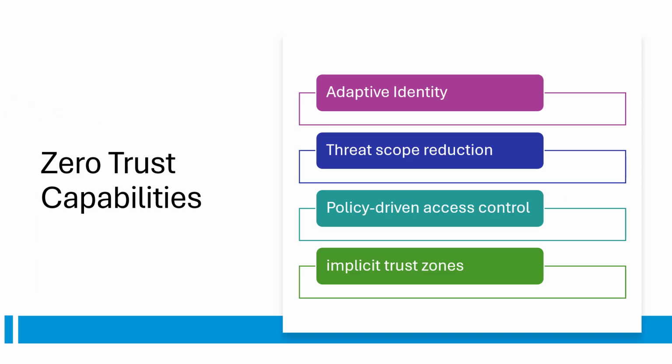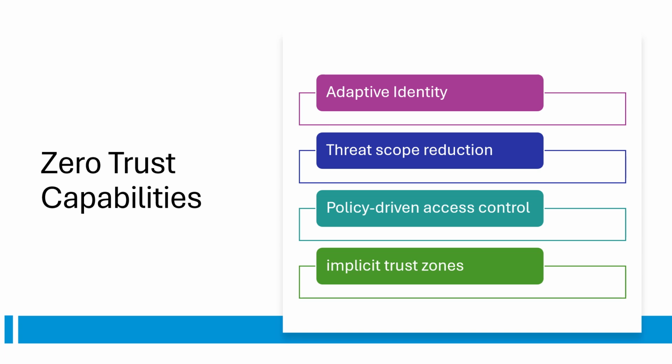Zero trust capabilities. These are the four main capabilities of zero trust. One, adaptive identity management. This involves continuously assessing and adjusting authentication based on the user's or device's context and behavior. It enhances security by requiring stronger authentication in higher risk situations.